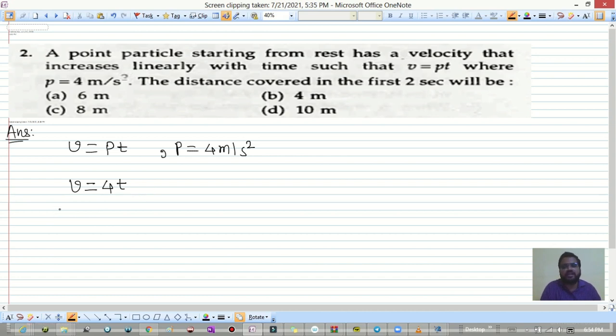We know that the rate of change of velocity will give us the acceleration.